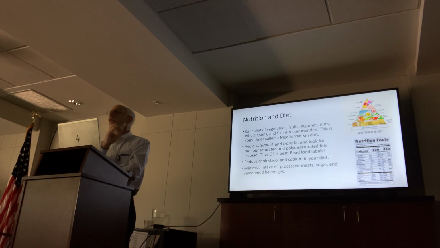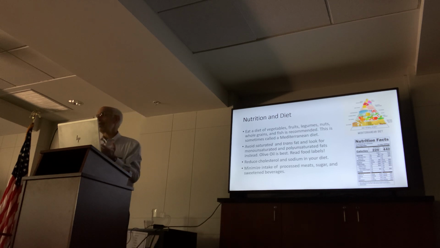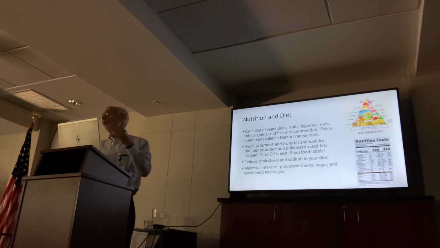To have a small cookie every day after supper, for example, that's fine, as long as the rest of your diet doesn't have a lot of sugar and fat in it, and saturated fat. And you can actually make cookies and cakes and things more healthy by using applesauce instead of oils in some of these things.